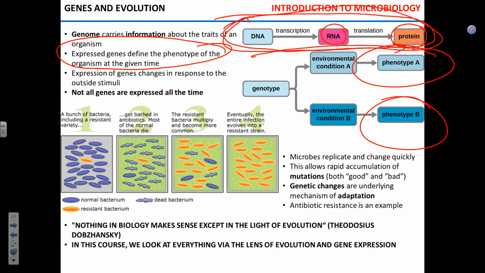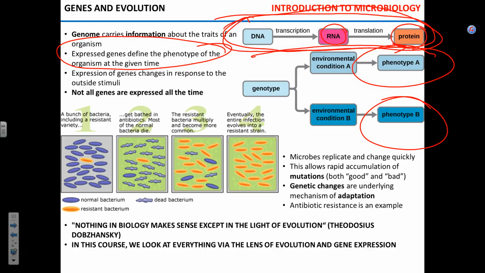Now, because of that quick replication, what is the driving force of the genetic change? Huh? Mutation. Well, in higher eukaryotes like us, what else?